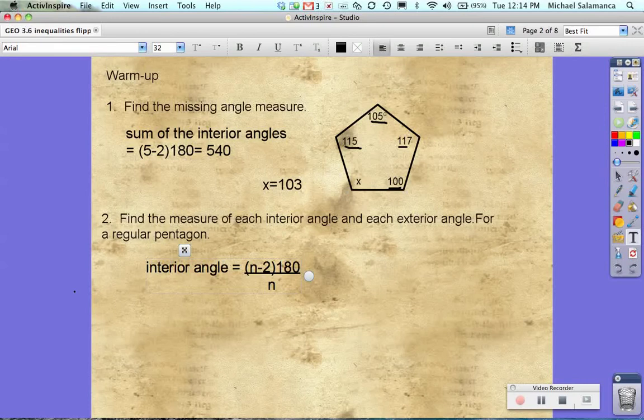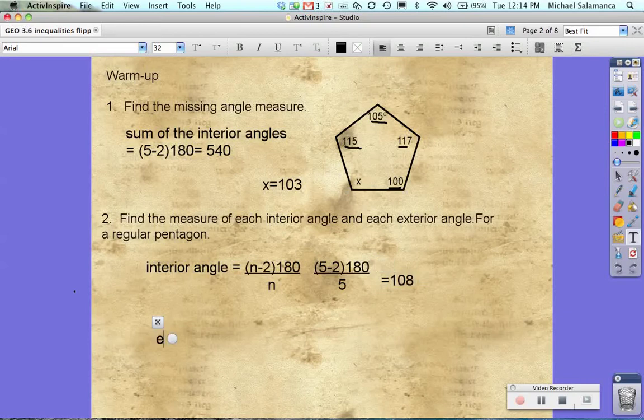So because we have a pentagon, we know it's 5 minus 2 times 180 divided by 5. And that just so happens to be, sorry, let's do these calculations really quick, 108 degrees.